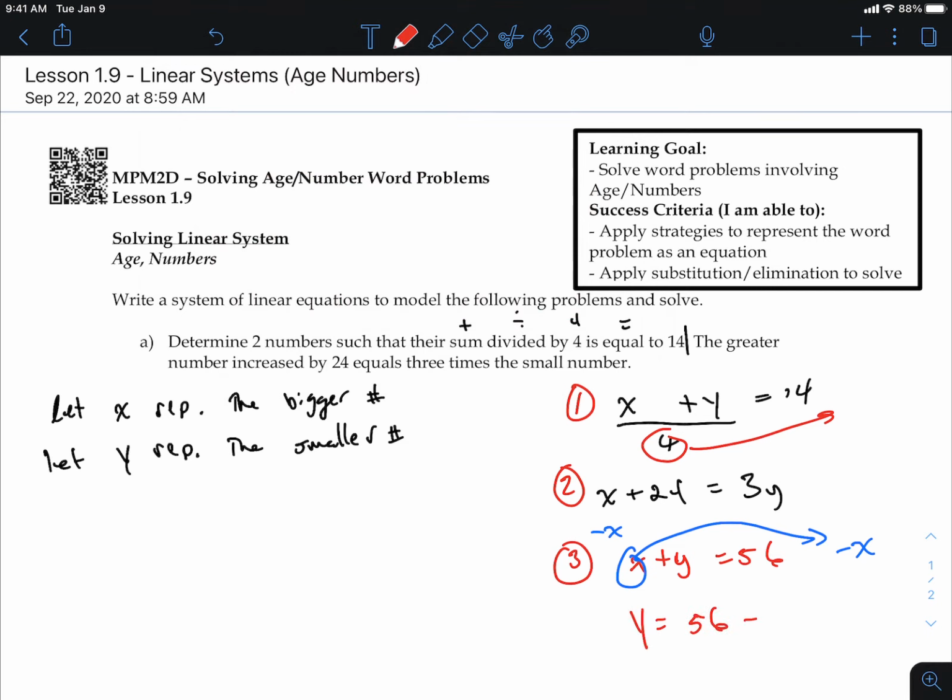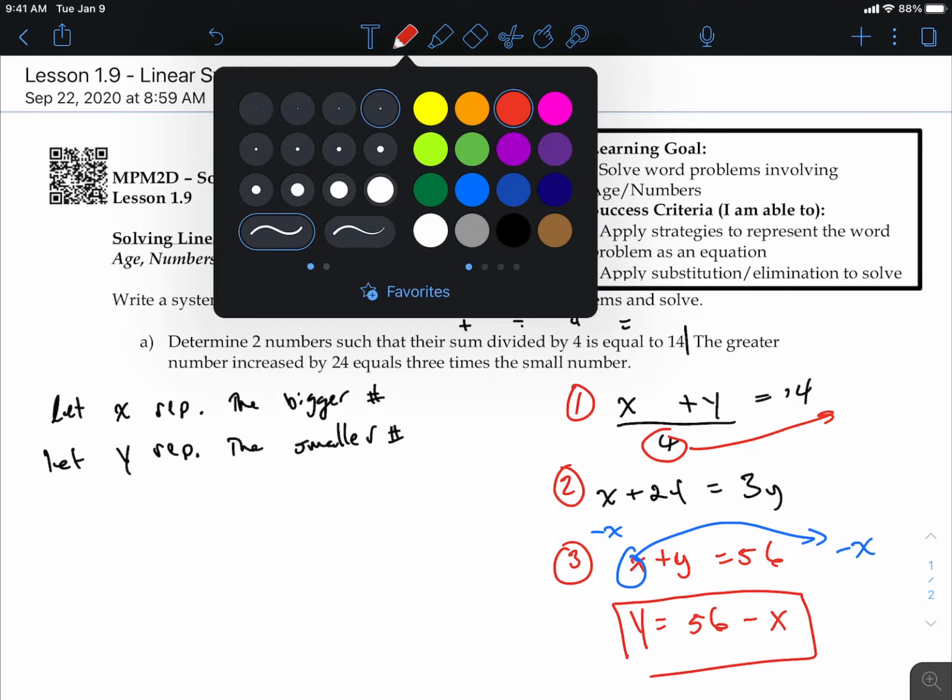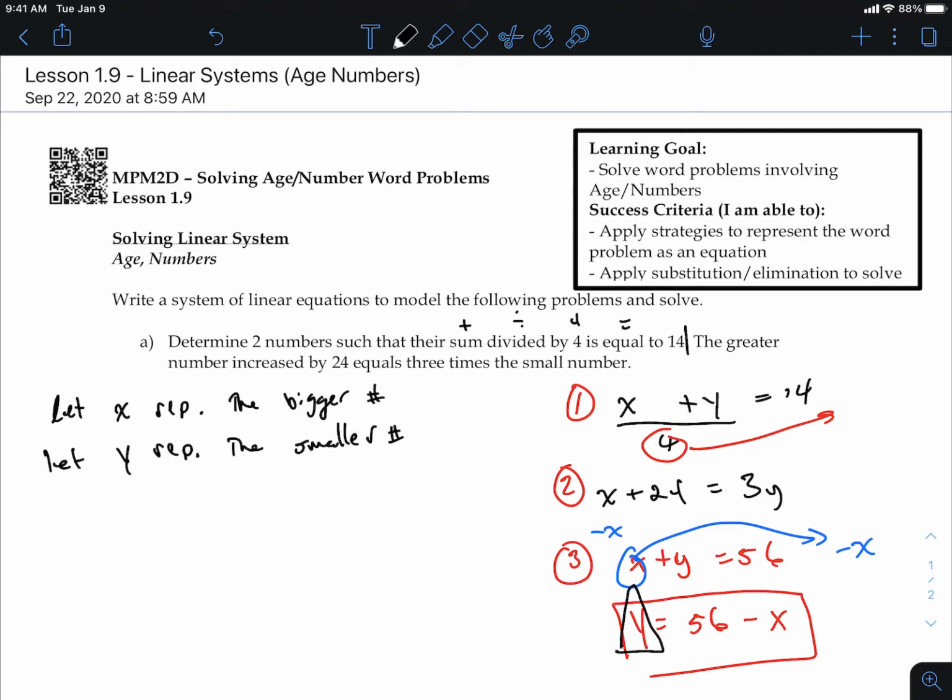This is what I'm going to get here: y equals 56 minus x. Yesterday we discussed this like boxes, squares and triangles, right? What you've got here is one triangle is equal to 56 minus a box.